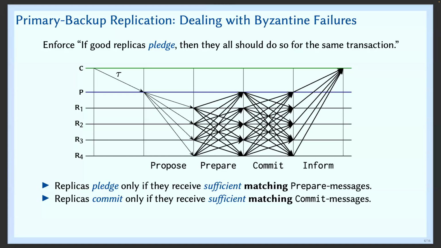In this case, let's say the client needs to receive 2f+1 messages, to make sure that the message the client is receiving is correct. What kind of messages? The messages they are exchanging. So when do you send a message to the client? When basically they commit.